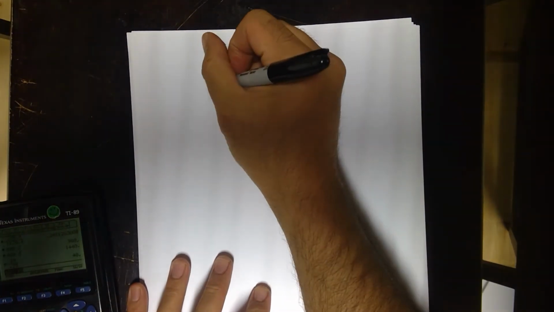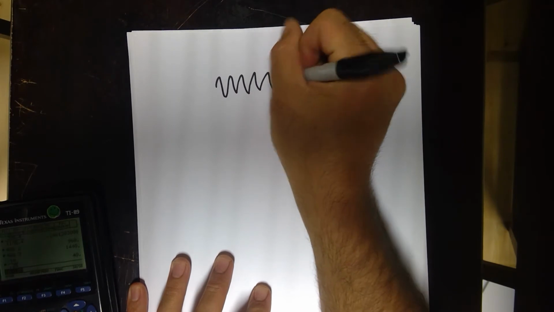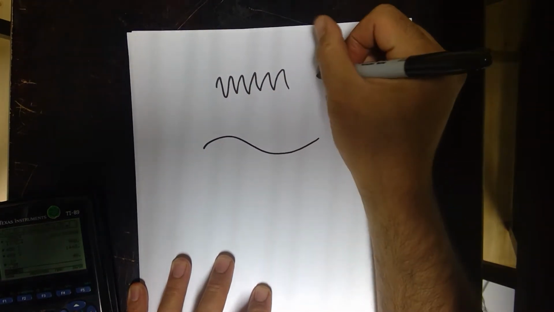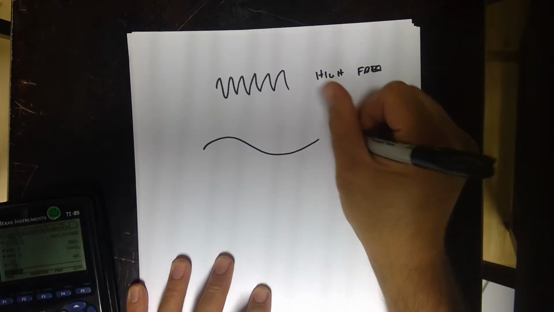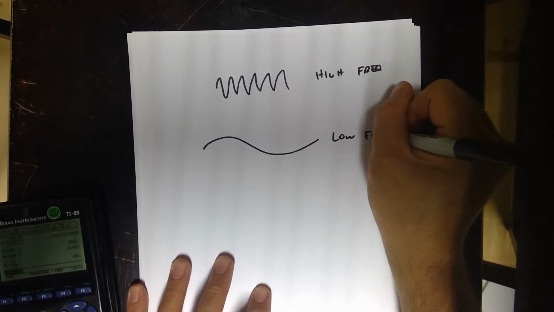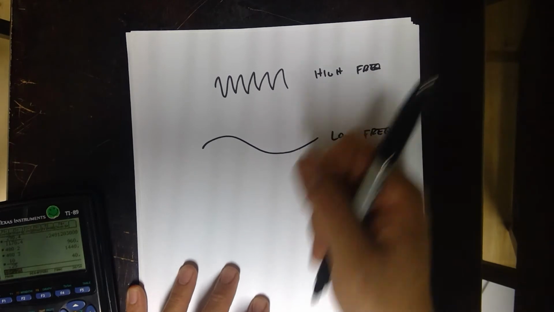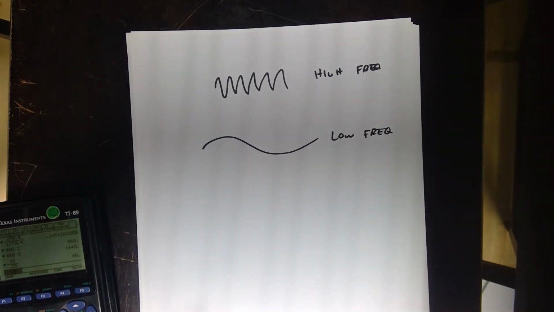You're asked to compare these things, and it asks which one of these waves has the highest frequency. When you're looking at a snapshot of a wave like this compared to something like this, this is the high frequency, and this is the low frequency. You should be able to visually tell which is which.